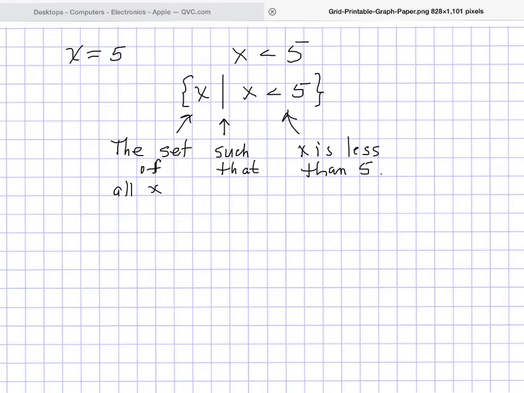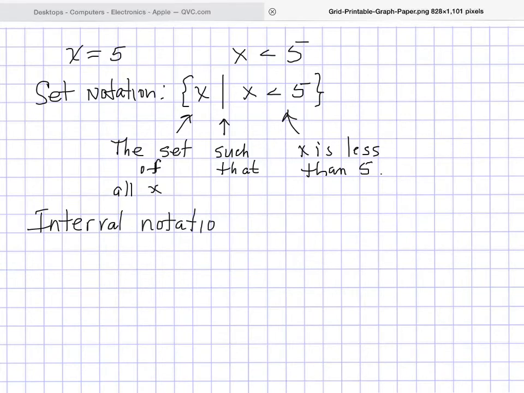So this is called set notation, but what we're going to be using is called interval notation. And it's a way to indicate all the solutions without actually trying to write all the solutions that there are. So for this particular example, x is less than 5.